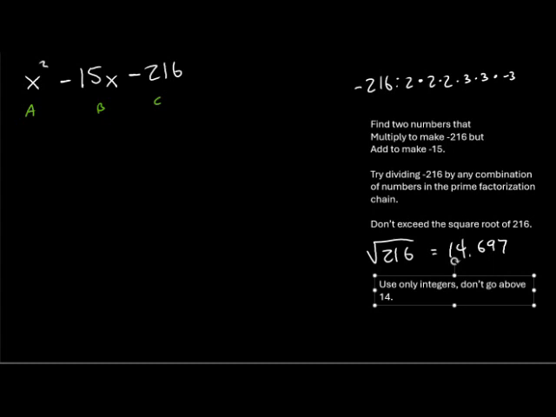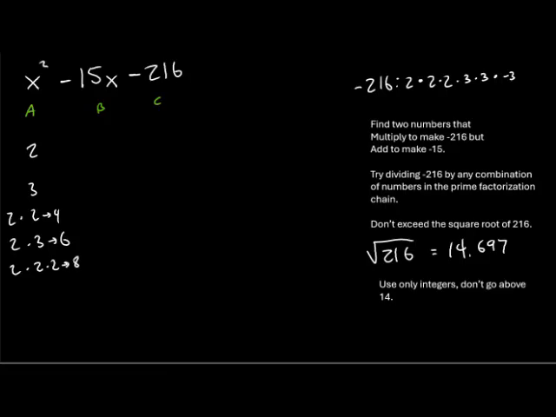Let's write down a few possibilities. We could use 2, since that's part of our chain. We could use 3. We could use 2 times 2, which is 4, since we have multiple 2s in our chain. We could use 2 times 3, that's 6. We could use 2 times 2 times 2, since we have a triple 2 in our chain, that would give us 8. We could use 3 times 3, that's 9.